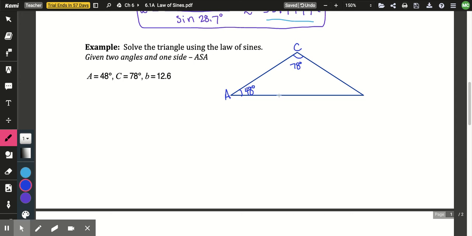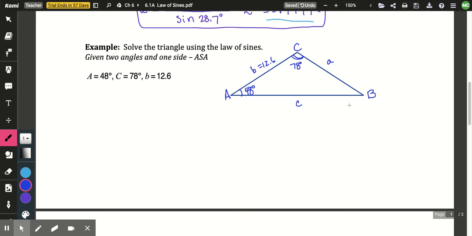So let's see. This would have to be angle B, so that means this one over here would have to be side B, so that would be 12.6. So this side over here would be C, and this one over here would be little a.